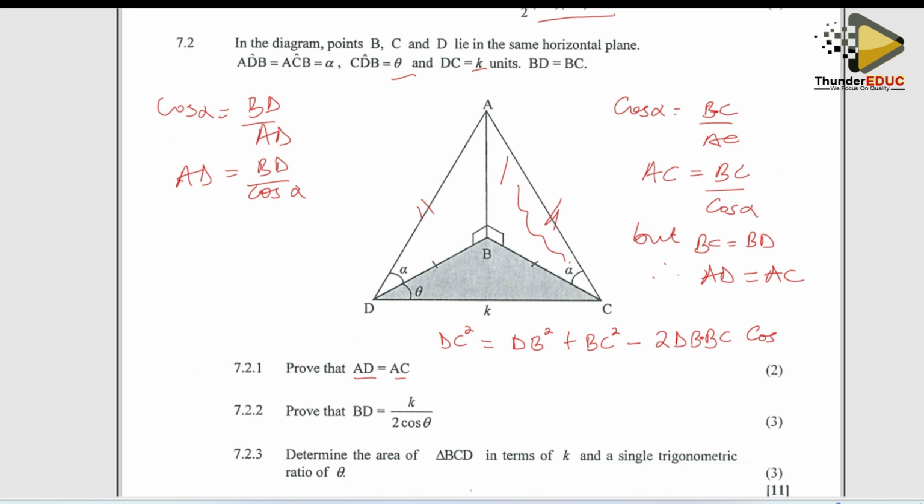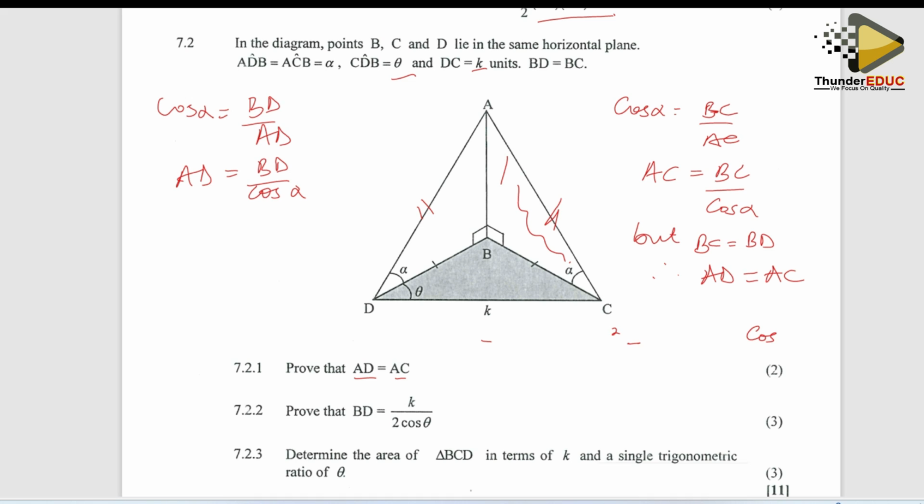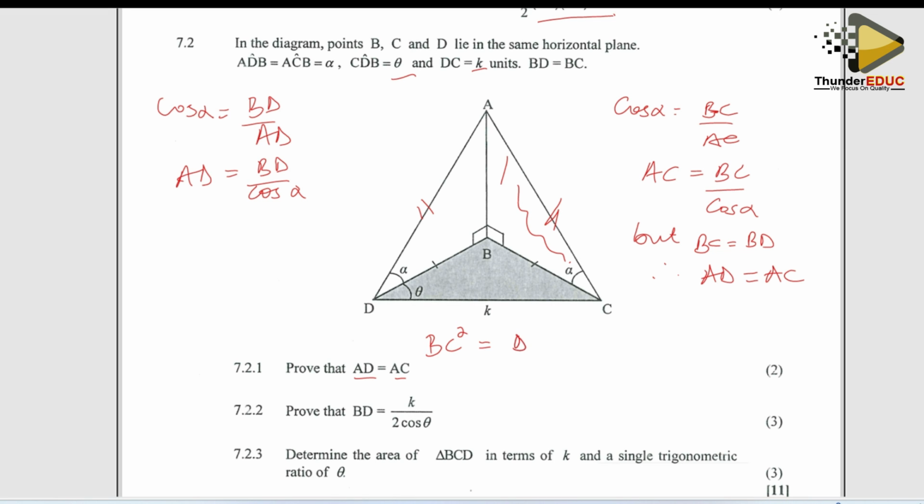Why am I going through that? That's going to give me issues because there is a cos theta, so that I don't want. It's going to make my life hard. Let me start with BC squared is equal to DB squared plus BC squared minus 2 DB times DC, and then the cos of that angle, which is theta.